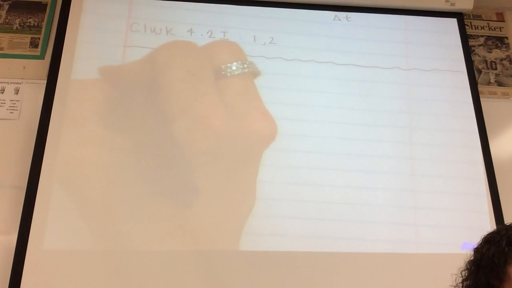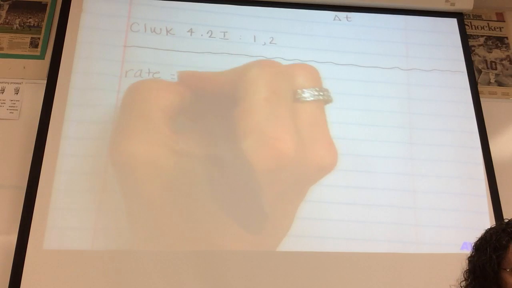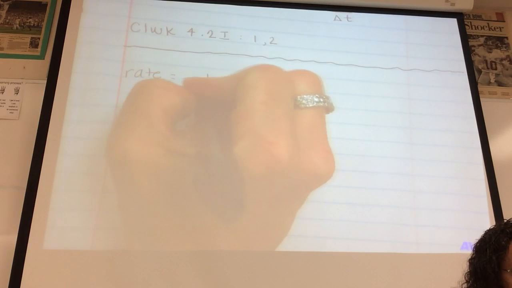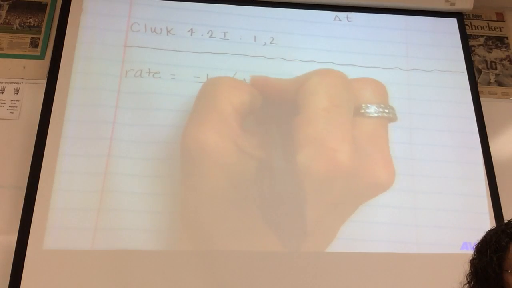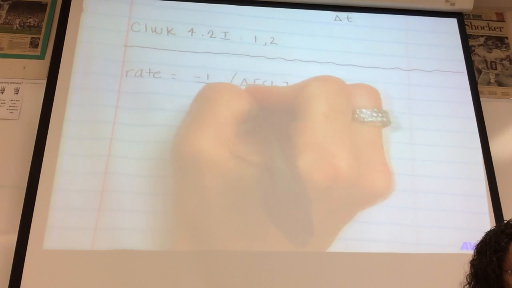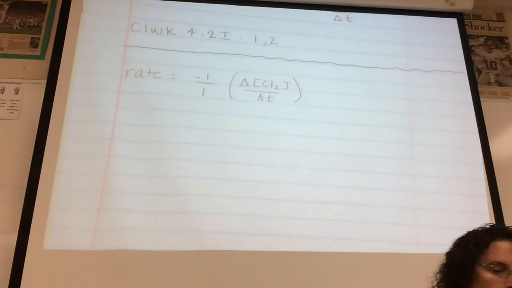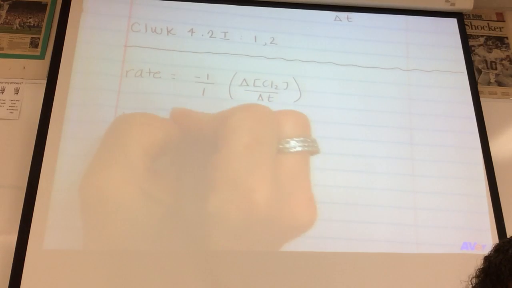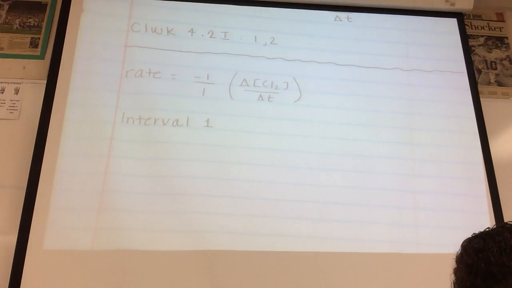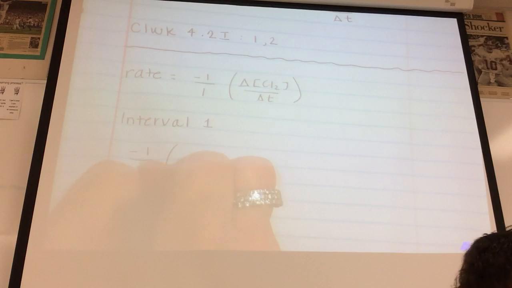Okay, so we know that rate is equal to -1 for reactant over the coefficient 1, change in concentration of chlorine over the change in time. For interval 1, what we can see here is we have -1 over 1.